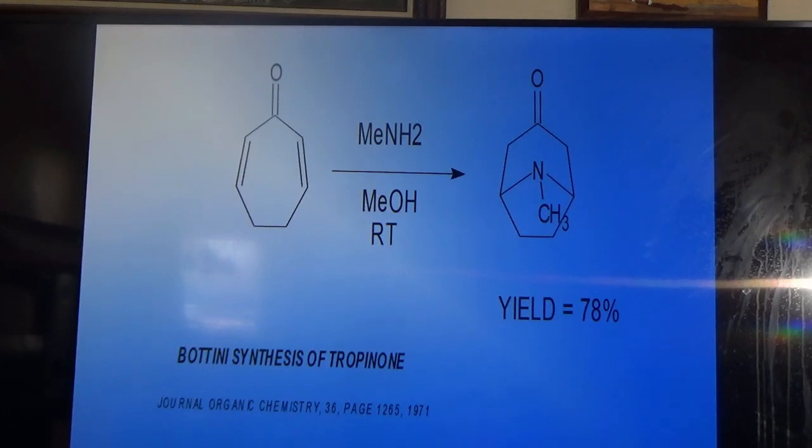So he showed that if you can make this cycloheptadienone and add methylamine, he gets 78% yield just by adding methylamine in methylene chloride. In 5 minutes, you get 78% yield. So that showed that Robinson's proposal going through this intermediate is correct. However, you don't have the ester group of cocaine. So you get the tropinone.